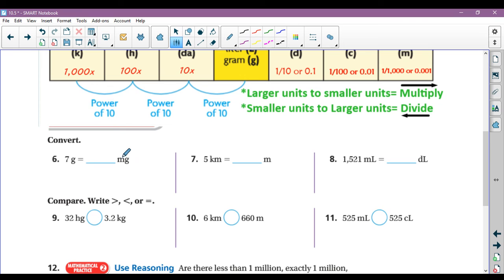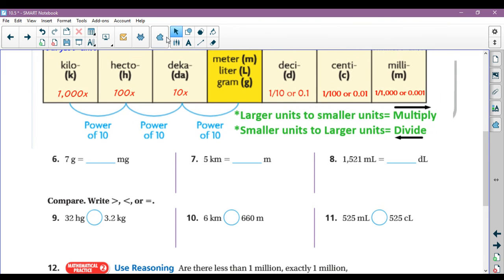Hopefully you took a few minutes and tried those problems. So let's take a look here. We have grams to milligrams. Move this down a little bit more. There we go. So we're going from grams to milligrams, a larger unit to a smaller unit, so we are going to be multiplying.